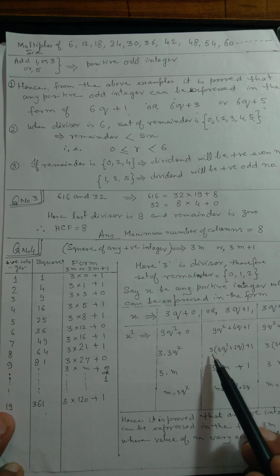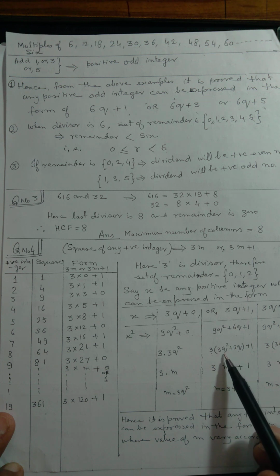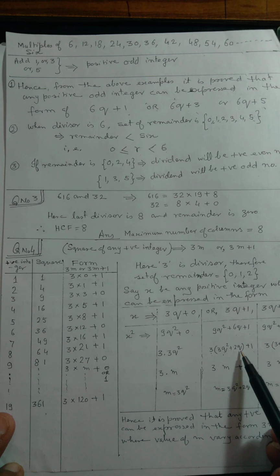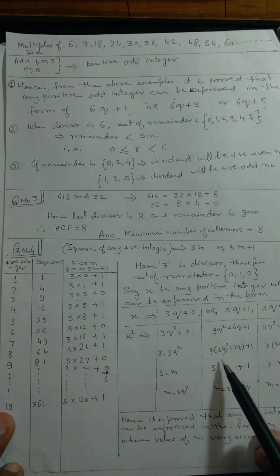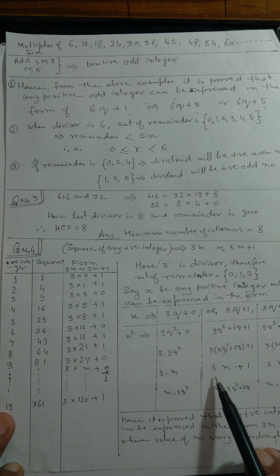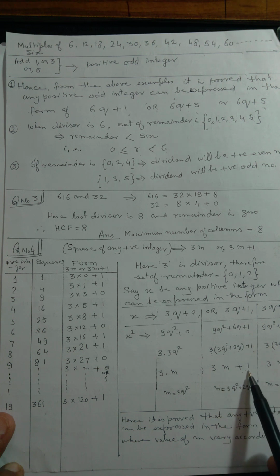Now here you see this 3 stands for the divisor, and the value of m will be equal to 3q square plus 2q. Inside the bracket, the value of m is mentioned here. Here I have written it also as 3m plus 1. It will be in the form of 3m plus 1.